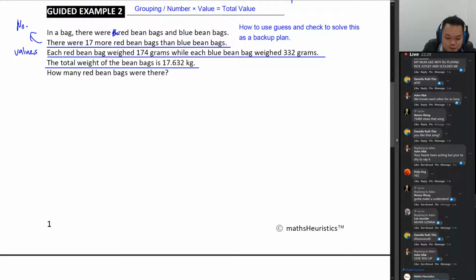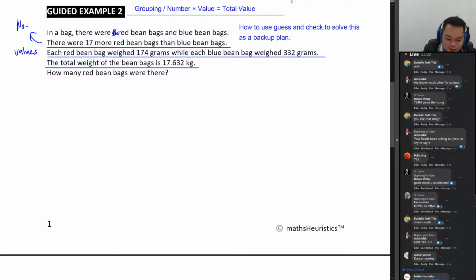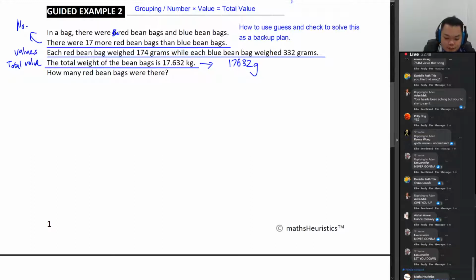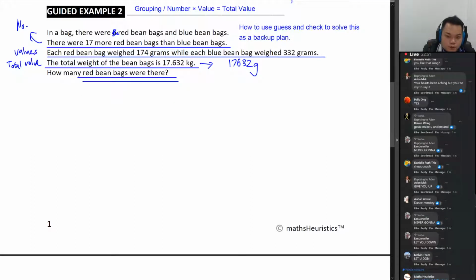The total weight of the bean bags is 17.632 kg. So you want to, long story short, convert this to 17,632 grams first. This would be the total value. How many red bean bags were there? So to solve this, let me just draw my table first.